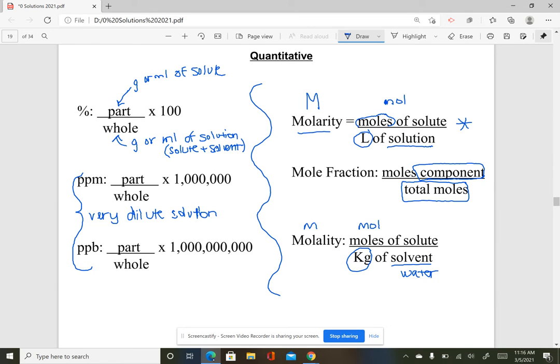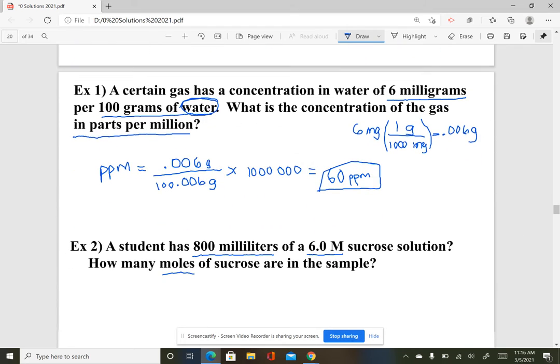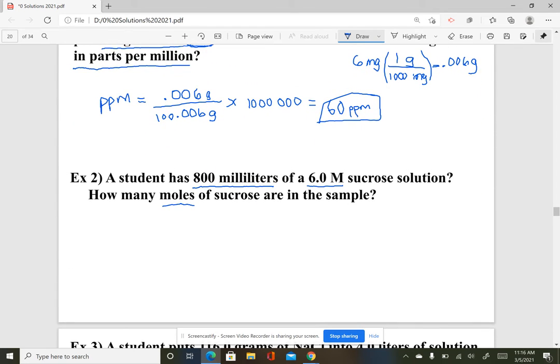It doesn't give me liters, but it gives me milliliters, and I can definitely convert to liters. And I'm being asked to solve for moles. So let's see what we got. Molarity equals moles over liters. So I'm going to plug in my 6 for molarity. I'm being asked to solve for moles, so I'm going to put my X up there.